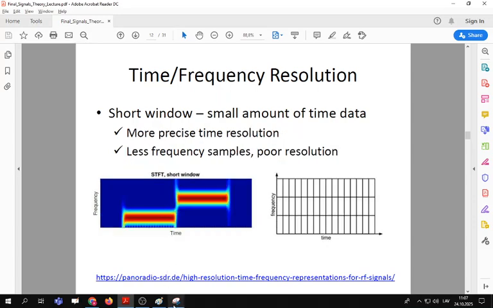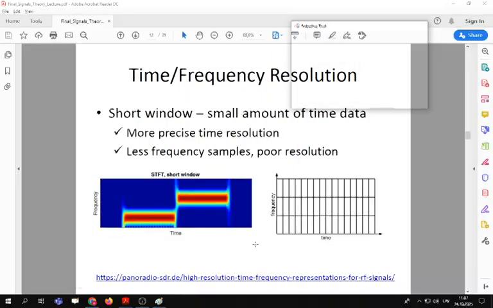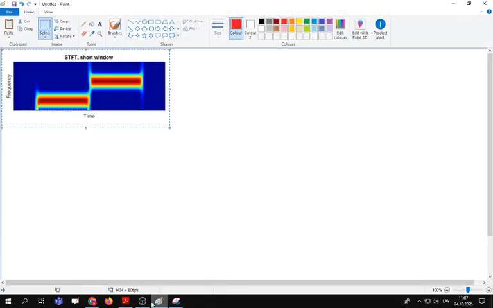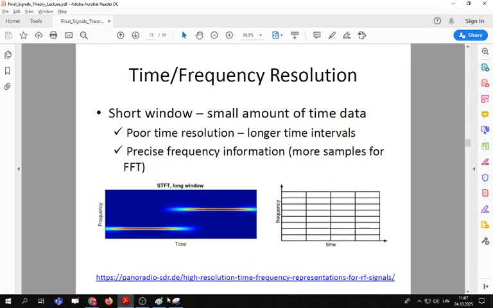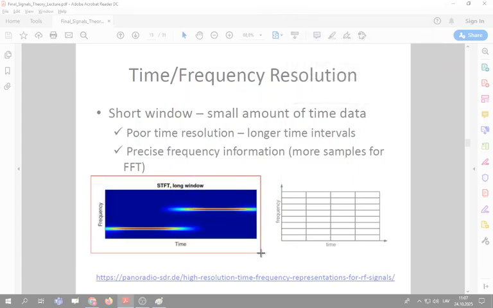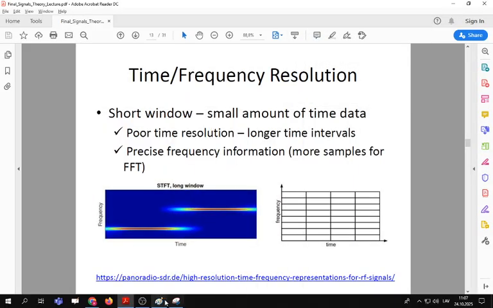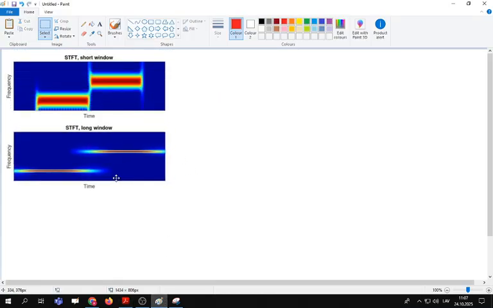Well, let me actually get those two pictures, one beneath another, and I will be able to show it much better then. Yes? So picture 1 and picture 2. Like this, yes?